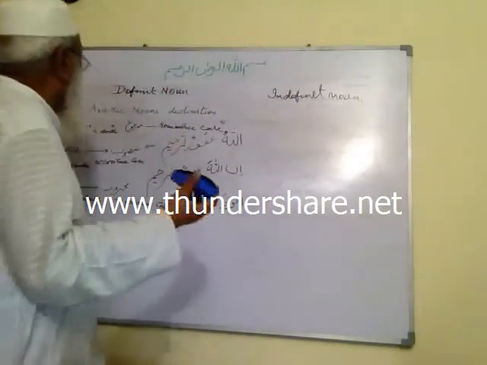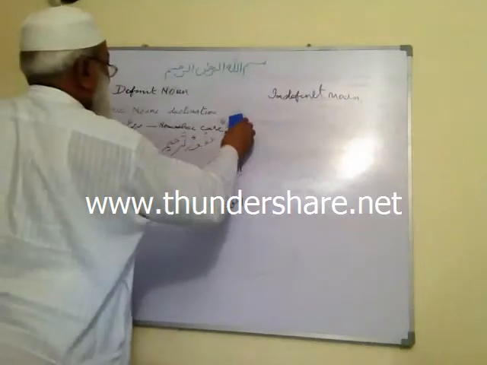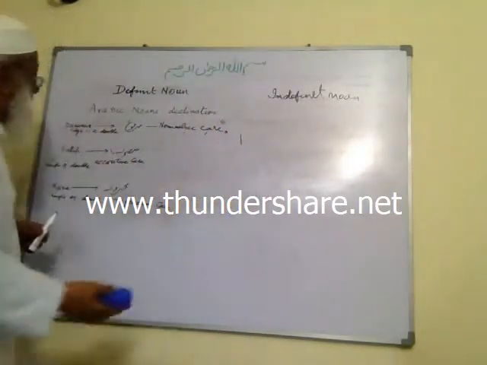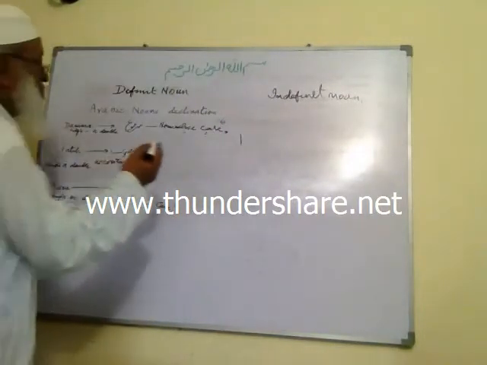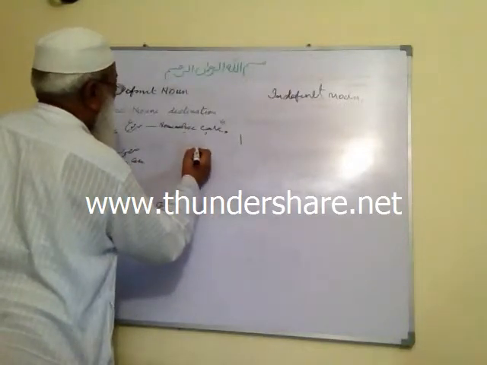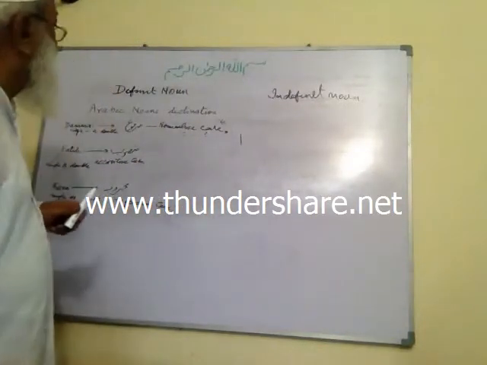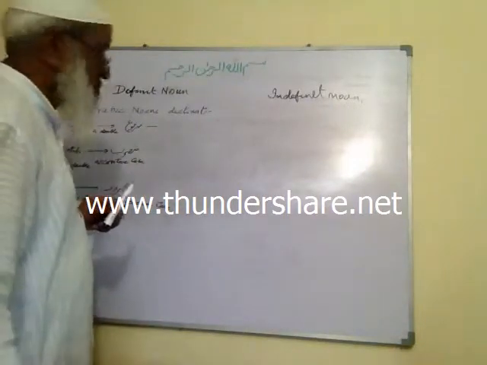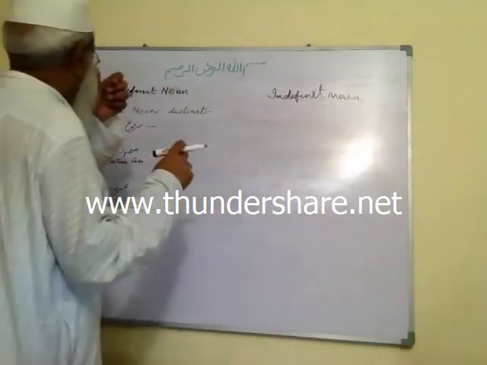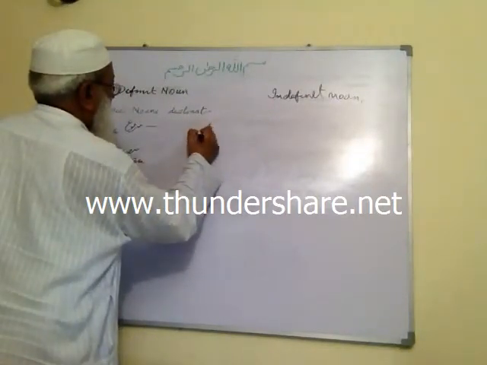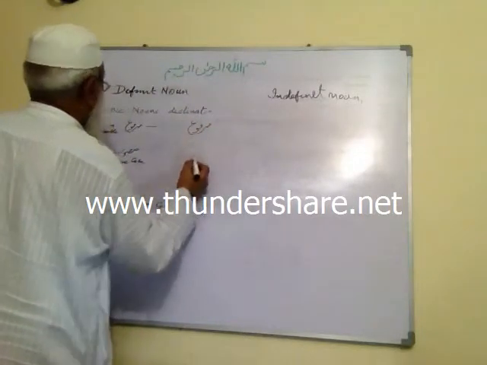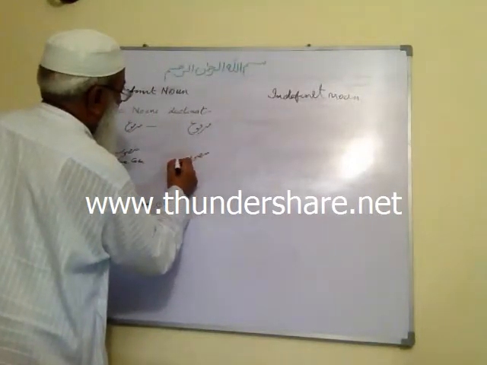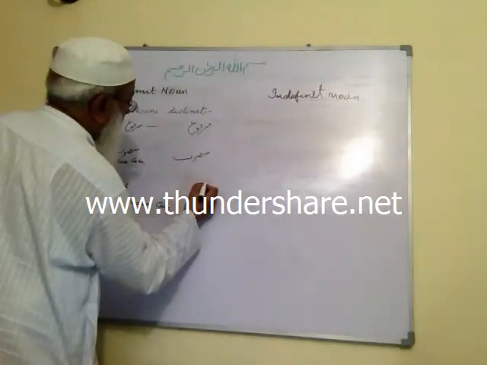If we summarize, these are the three things: marfu', mansub, and majroor.